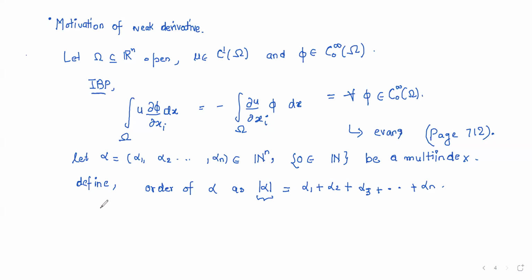And I denote D^alpha u, where u is a function over omega, as d to the power mod alpha of u over dx1 to the alpha 1, dx2 to the alpha 2, and so on.